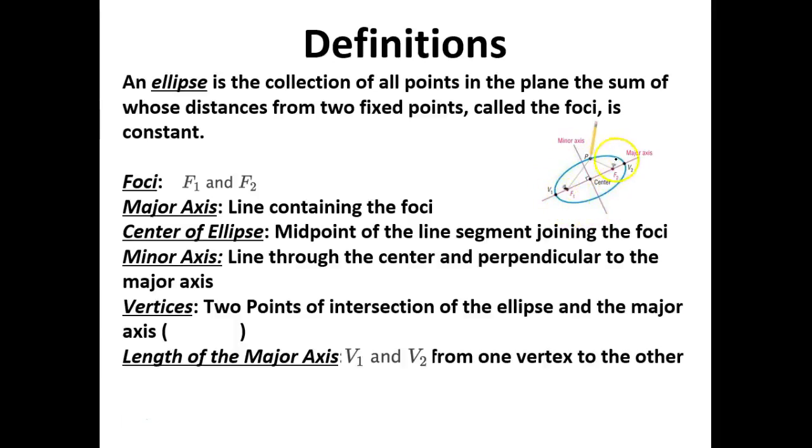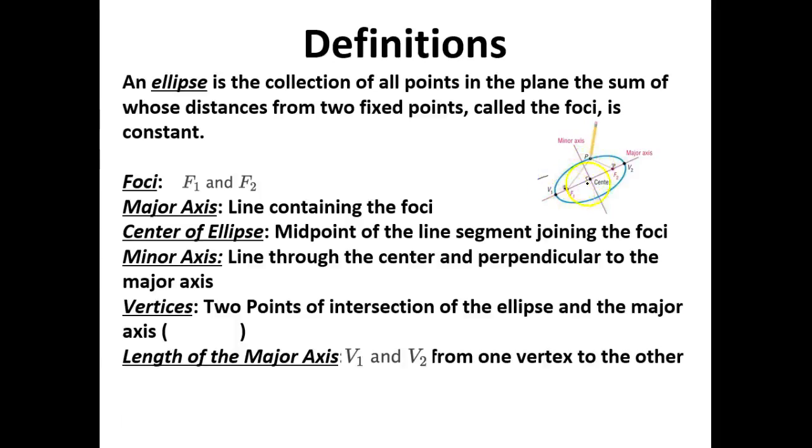And if we keep the string taut, what we're going to get is an ellipse, which is an oblong, I guess you could call it an oblong circle. So with this ellipse, this distance here plus this distance is always going to be the same.